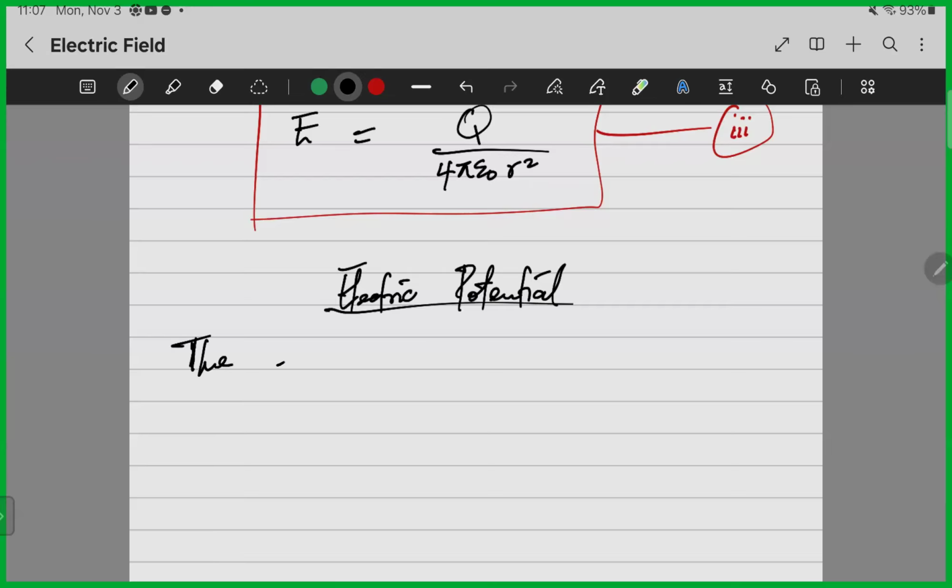The electric potential, which is another important subtopic, has to do with, now, you must have heard of this concept of potential when we're talking about the gravitational field. It always has something to do with consideration of infinity.